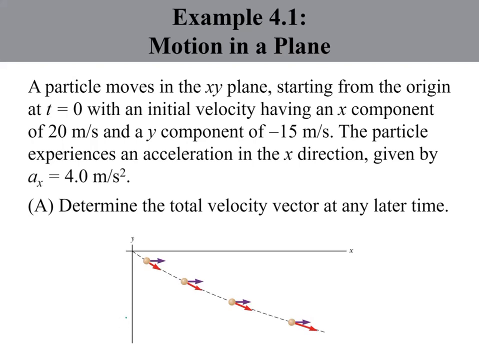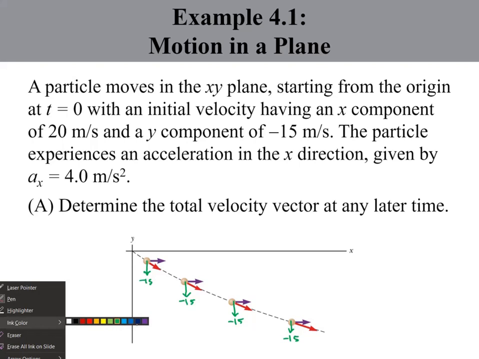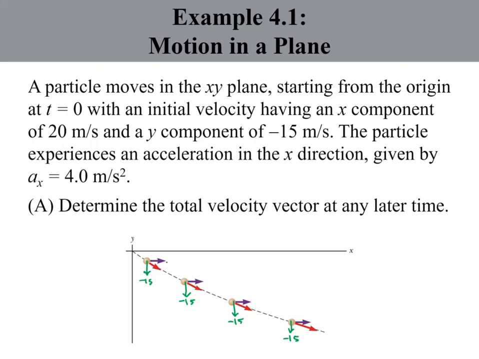This green line represents the y component of velocity, which is negative 15, and the x component is 20.